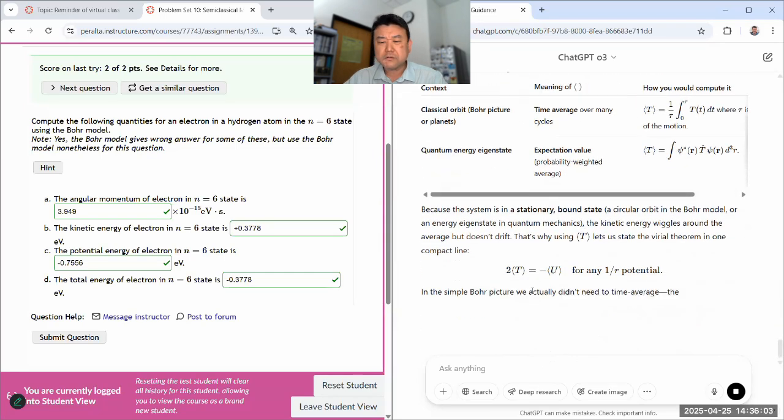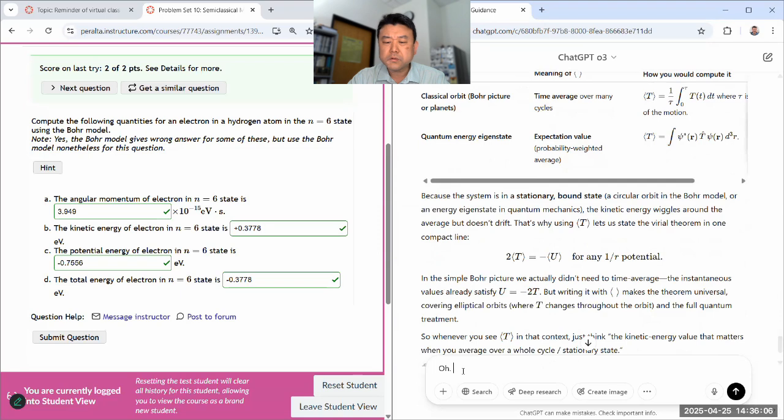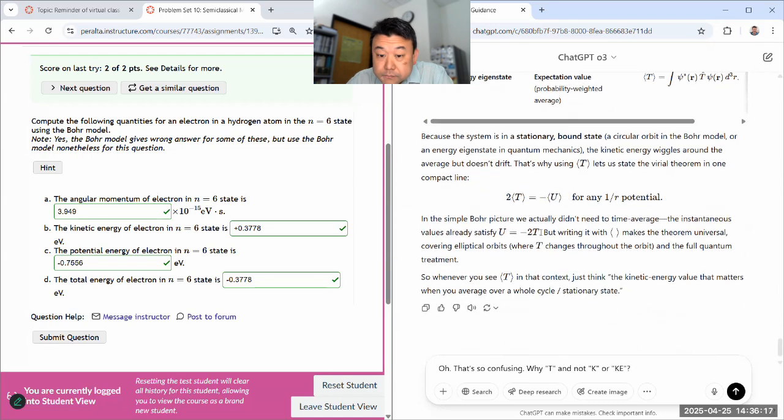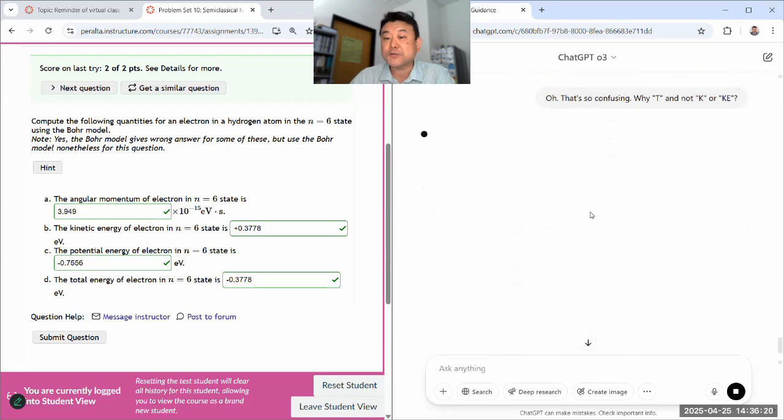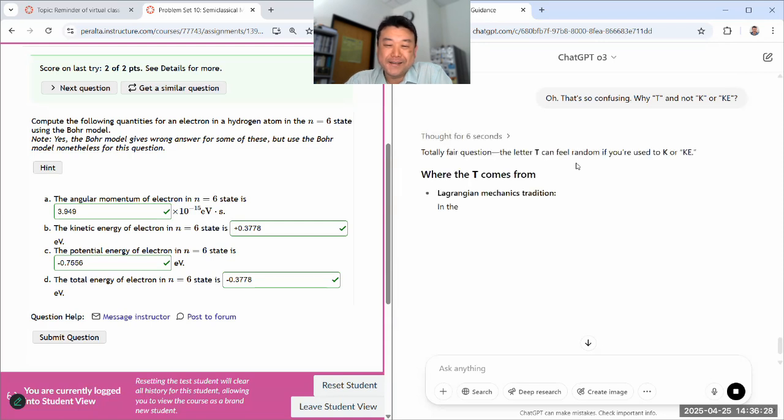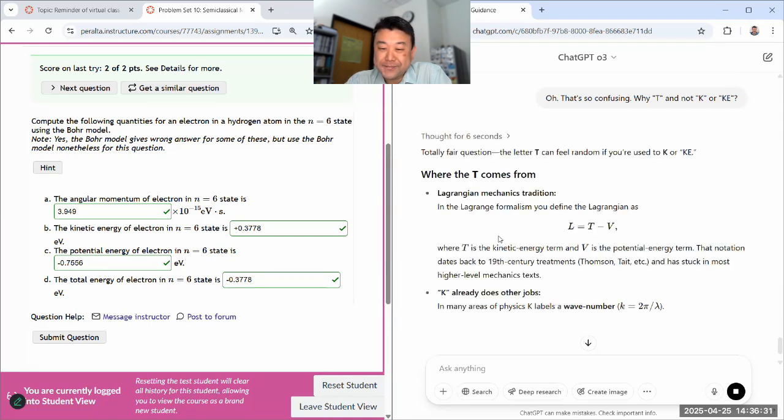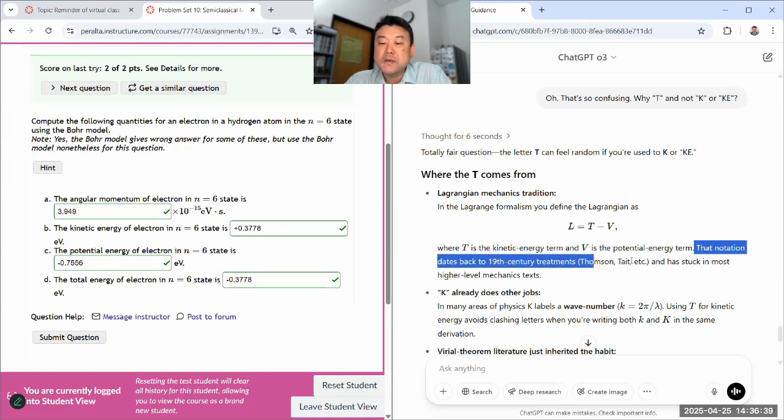And I can ask, oh, that's so confusing. Why T and not K or KE? Maybe it'll give me a historical lesson. I actually don't know the reason why it's a T. It could be Lagrangian mechanics, but again, upper division. This could be notation that dates from some seminal or classic textbooks in that area.